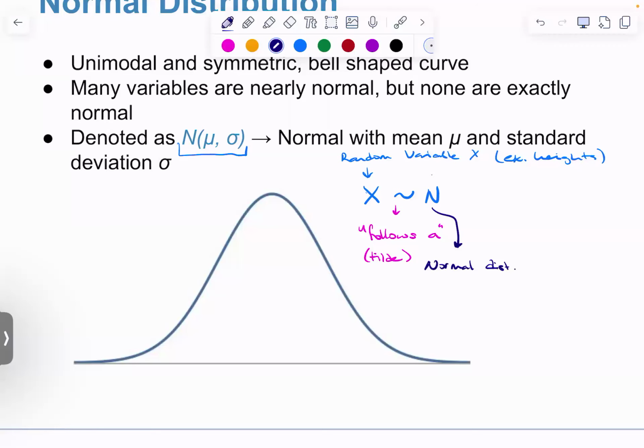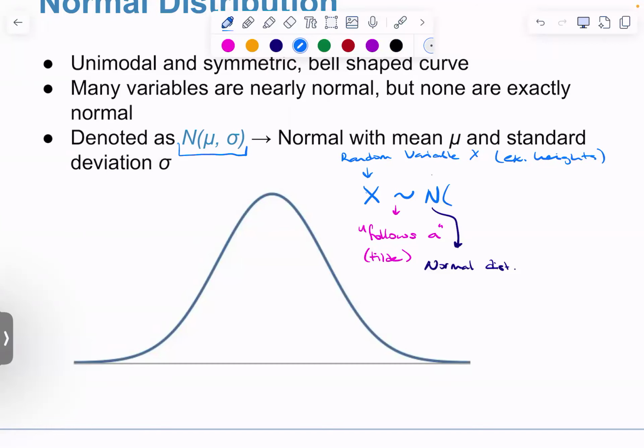Do you remember how we fully described a distribution? We had to talk about the shape, and now we're focusing on the normal shape. And so this part tells me the shape, right? And then I had to communicate the center, and I had to communicate the spread, right? So this is just a shorthand version of communicating what this distribution looks like.